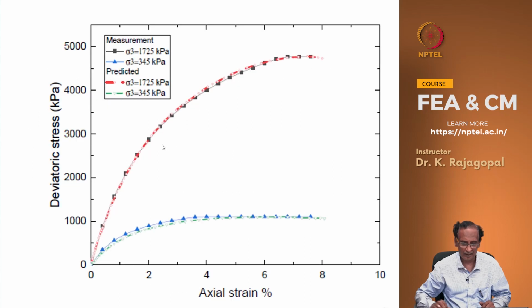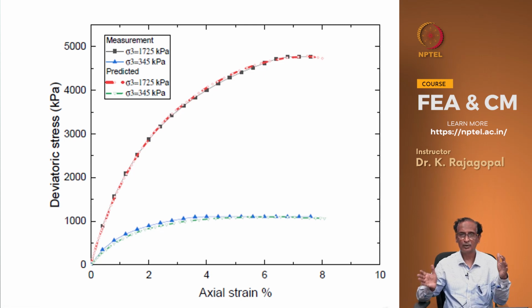So, this is the comparison between the experimental data and the finite element predicted stress strain graphs at confining pressures of 345 and then 1725. These are the two extreme pressures.